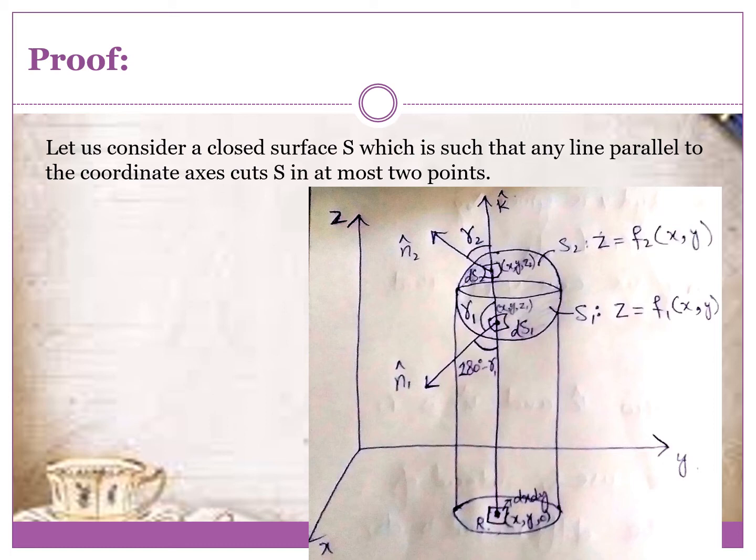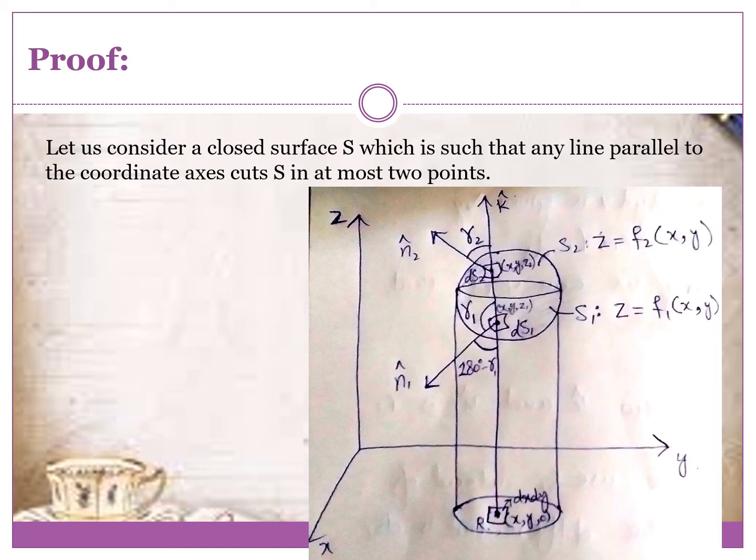We divide the surface into two parts, S1 and S2, containing 2 points whose z components are z1 and z2 respectively, where z2 is greater than z1.